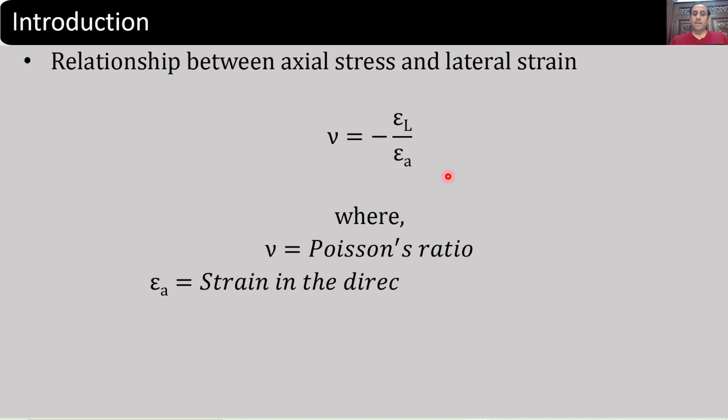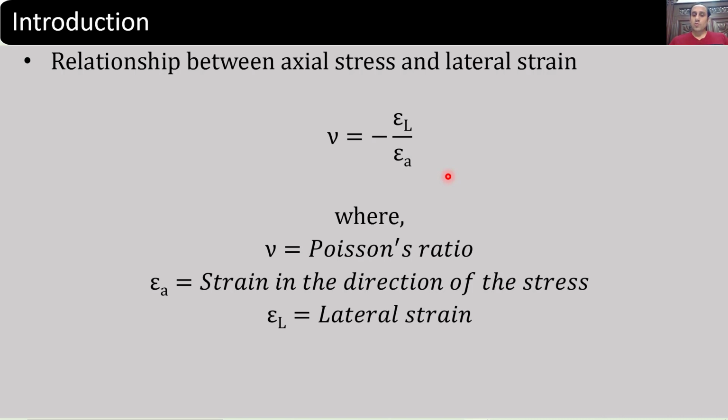Then we have epsilon A, which is axial strain, and epsilon L, which is lateral strain. So why do we put this negative sign? What is the purpose of putting this negative sign? Yes, because Poisson's ratio is a ratio and we don't want that ratio to be negative, since this fraction itself is a negative value.